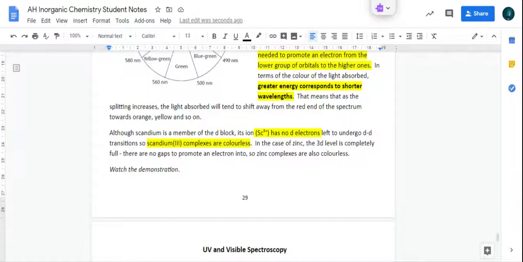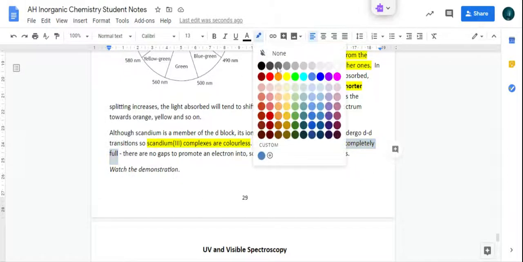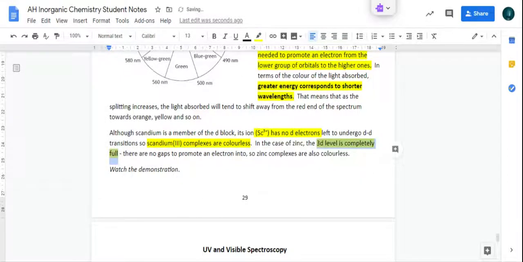The 3d level is completely full, 3d10. So there are no gaps to promote an electron into, and so zinc complexes are also colorless. This is why scandium and zinc are not always considered transition metals, because they don't have a partially filled d subshell.